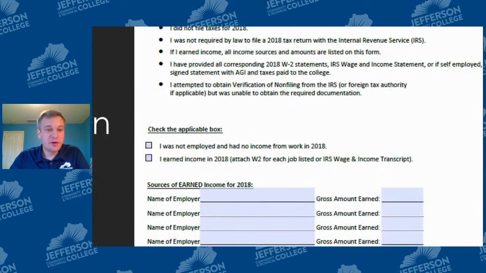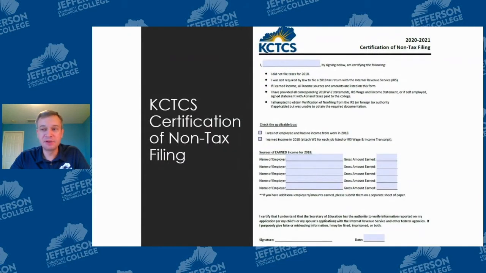Check either I was not employed and had no income for work in 2018, or I earned income in 2018 and attached W-2 documents or an IRS wage and income transcript. And then please sign at the bottom with your full legal name and handwritten signature and date.